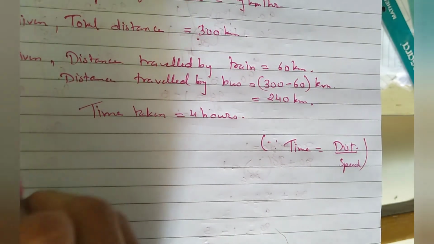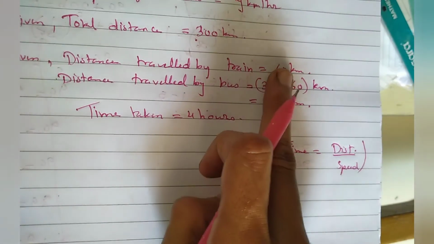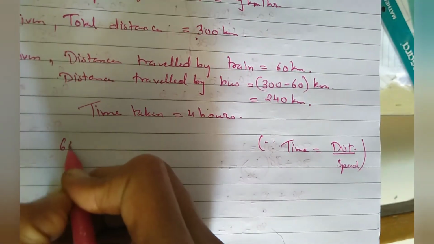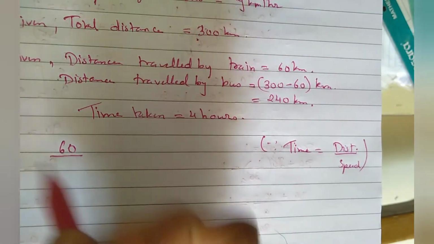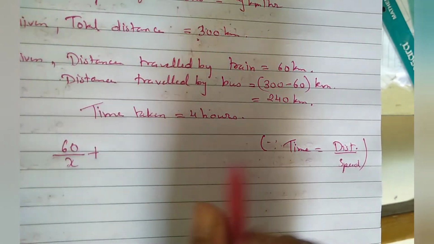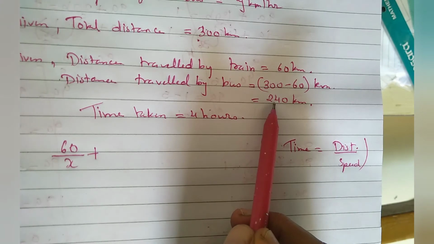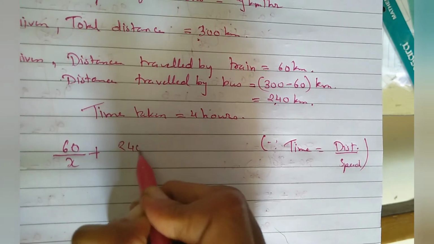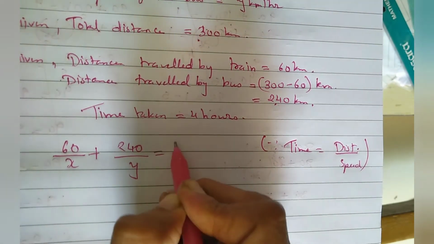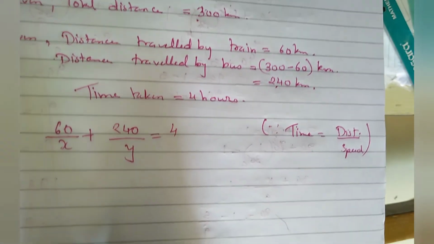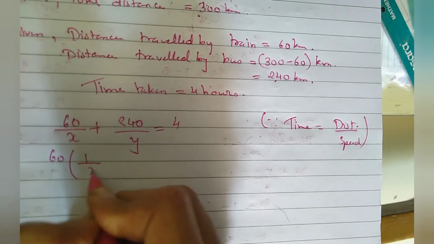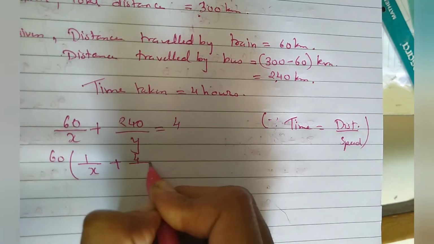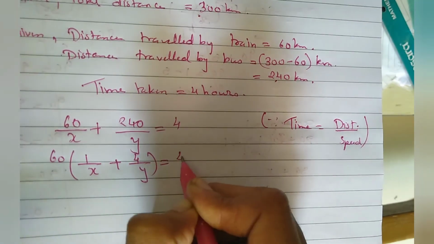Now what we have to do: first distance is 60, so 60 upon speed is x, so 60 upon x plus by bus is 240 and speed is y, which is equal to 4 hours. Let us solve this. 60 common, 1 upon x plus 4 upon y equal to 4.